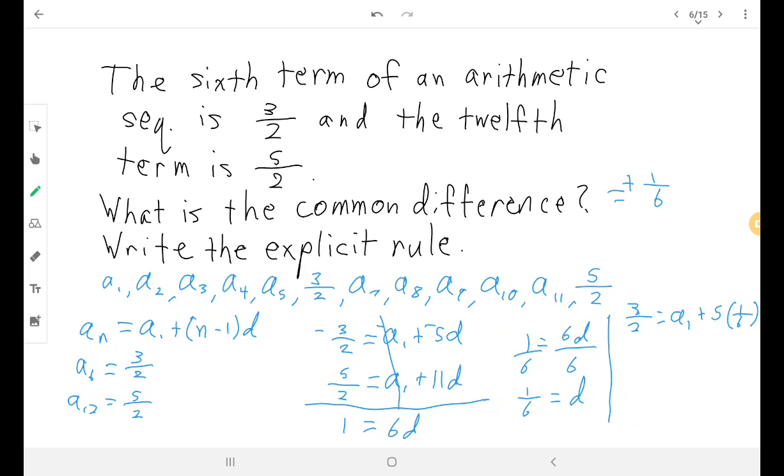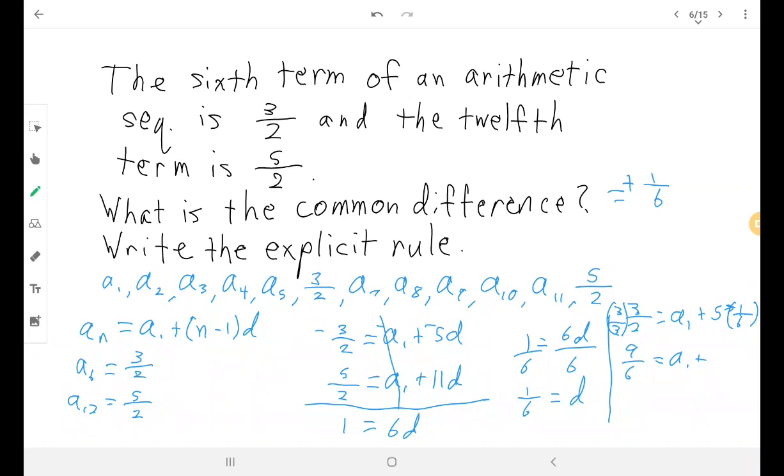So it'd be convenient if I have everything in terms of sixths. So I'm going to do 3 over 2 times 3 over 3. 3 over 3 is a clever version of 1 that gets me a common denominator of 6. So that'll be 9 over 6 equals A1 plus 5 times 1/6, which is multiplied to the top only with the number that is not a fraction.